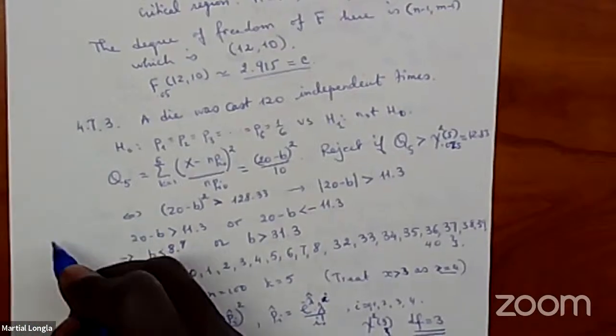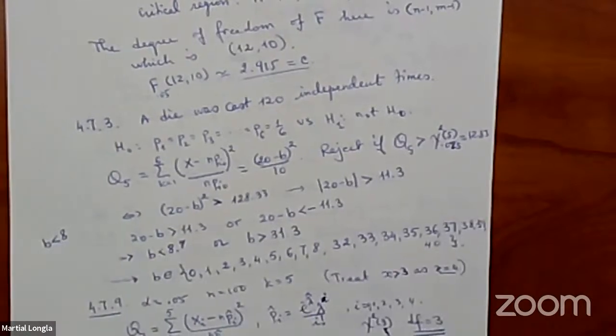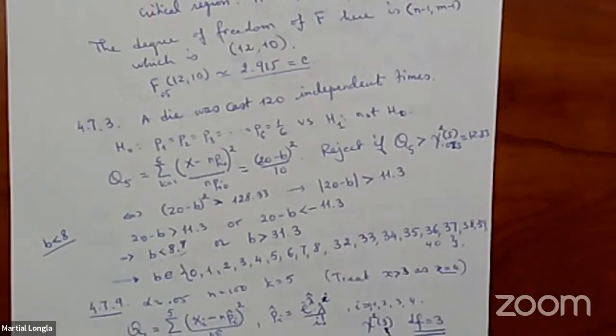If you tell me the answer is B less than 8, this is not that, because this set here includes 8. This one does not. So that needs to be clear.